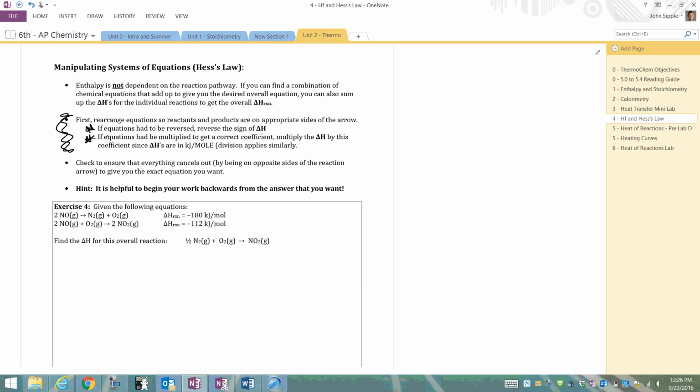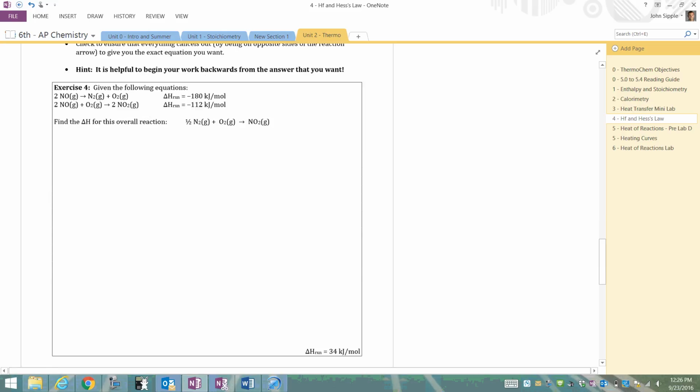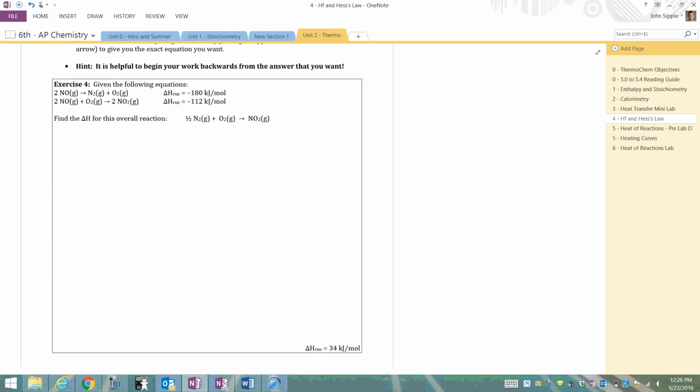So here we go. What I try to do is I look at my overall reaction first, okay? And I inspect the overall reaction, and I'm looking for things in my elementary reactions, our little puzzle pieces here. I want to make sure that all of the stuff lines up where it needs to go, in terms of the reactants being on the reactant side and the products on the product side. So if I look at that first reaction, we've got NO going to N2O2.